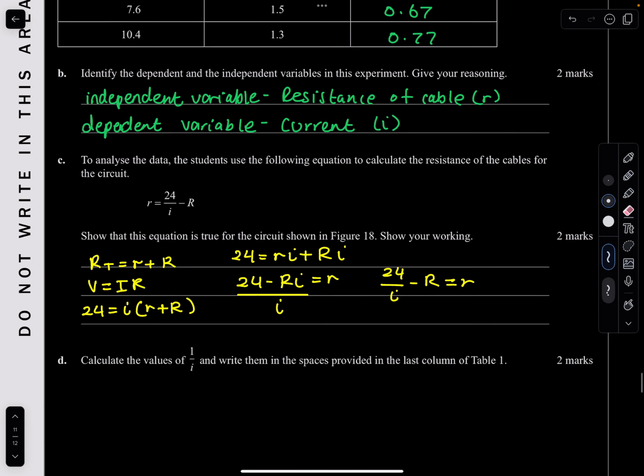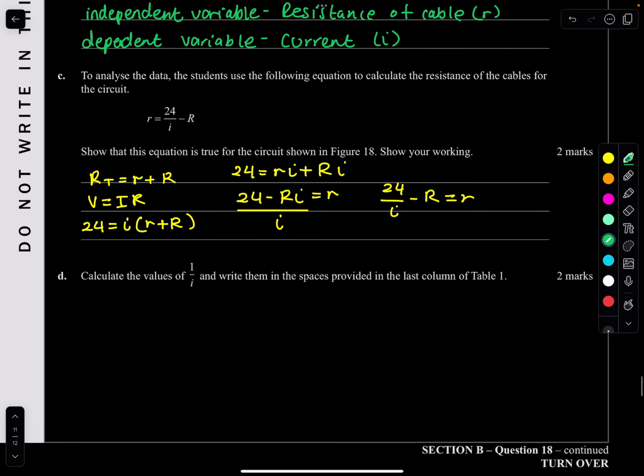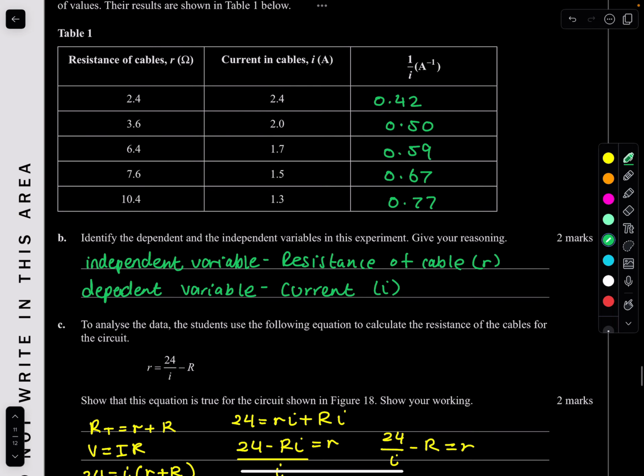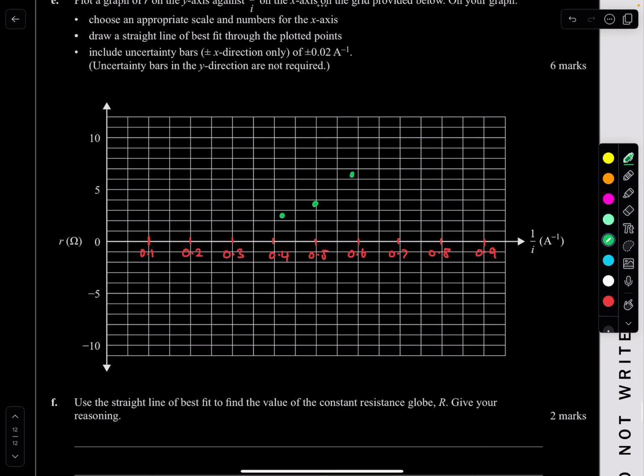Let me double check actually. 6.4. 5, 6, 7, yep, that looks good. Perfect. So next one, 0.67. 5, halfway there, so it's around here.